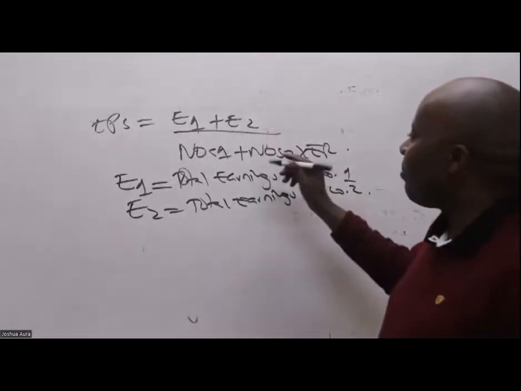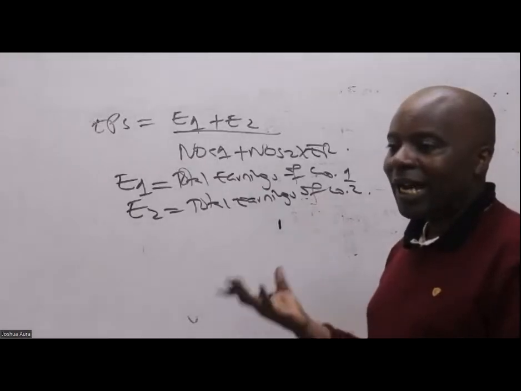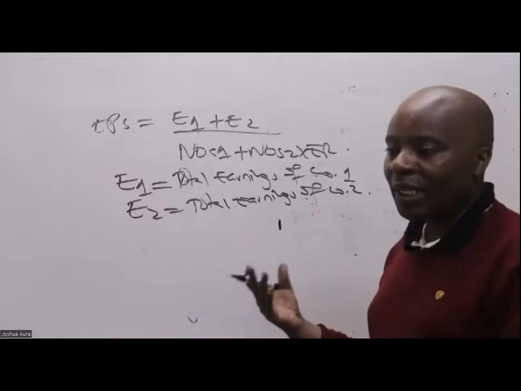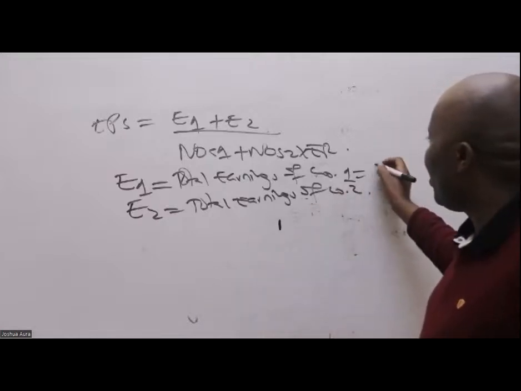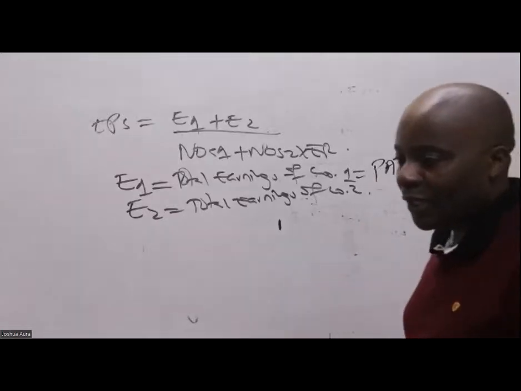You see, earnings attributable to ordinary shareholders in financial reporting are profits after tax. So he said EPS equals PAT, equals profit after tax.